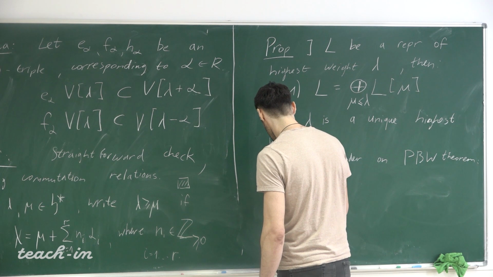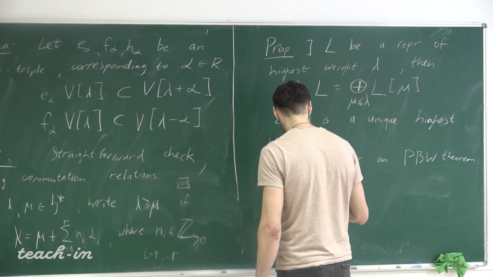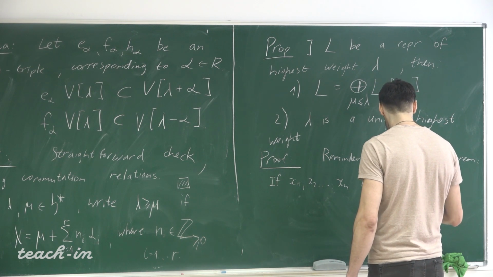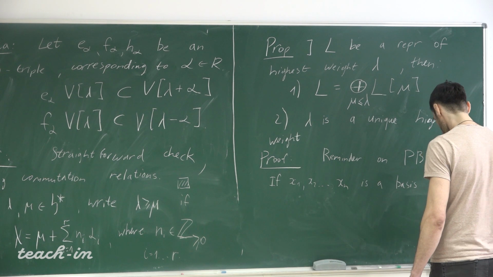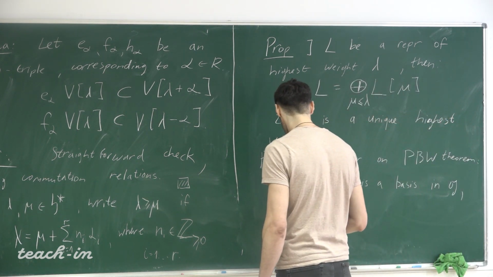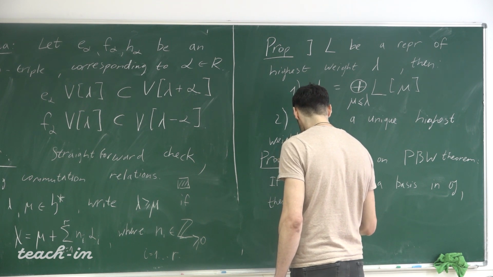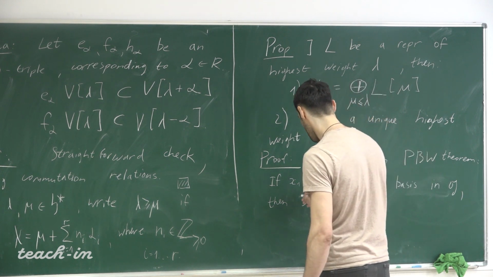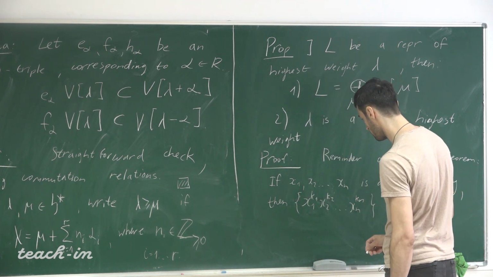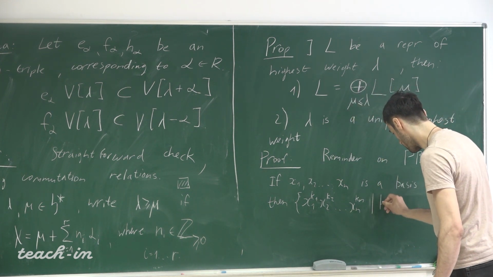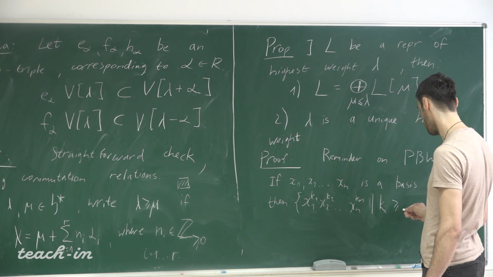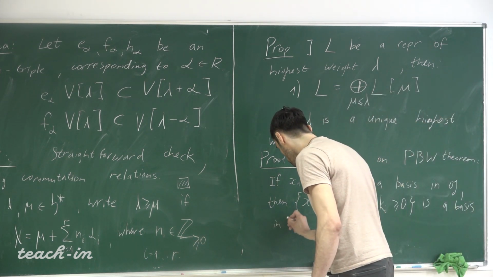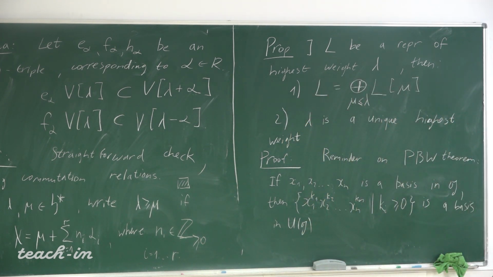So it says that if x1, x2, and so on, xn is a basis in G, then x1 to some power k1, x2 to some power k2, xn to some power kn, so these things, right, where the ki's are some numbers greater or equal than 0, is a basis in U of G. So this was the Poincaré-Birkhoff-Witt theorem.